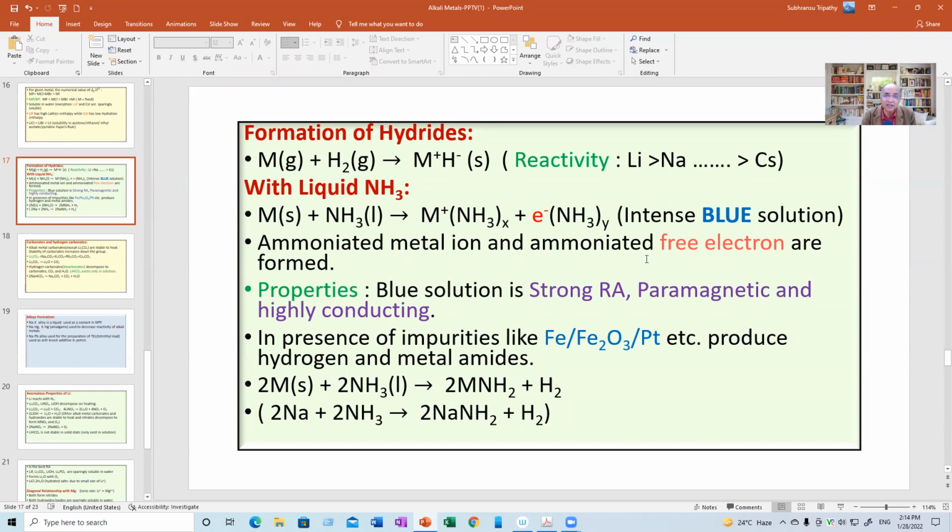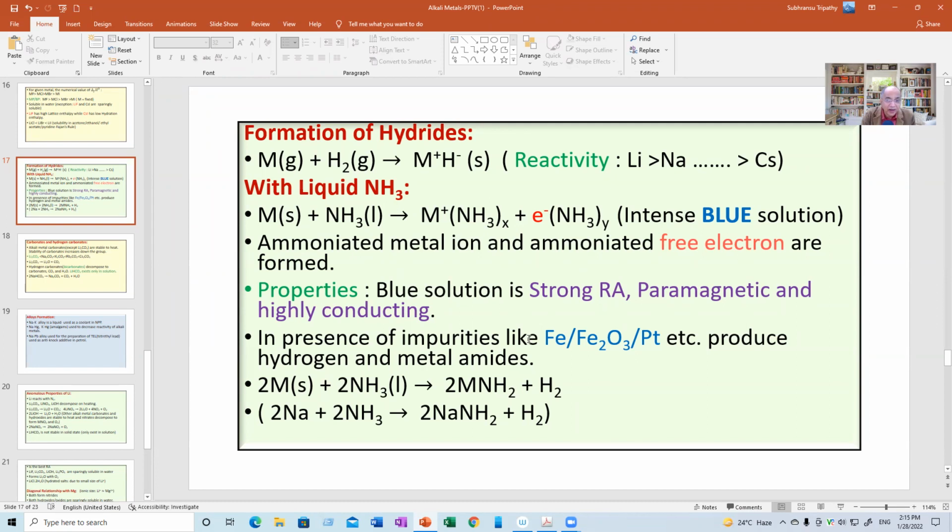Just like metals, they conduct. They conduct in two ways, with the help of metal ions as well as free electrons. So this is a very, very interesting solution, intense blue solution containing ammoniated metal ion and ammoniated free electrons.